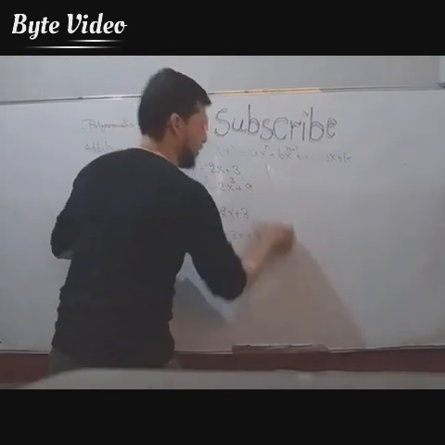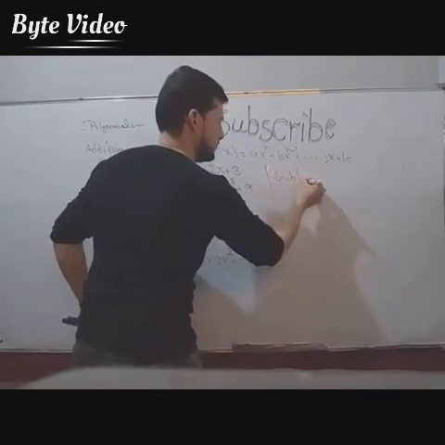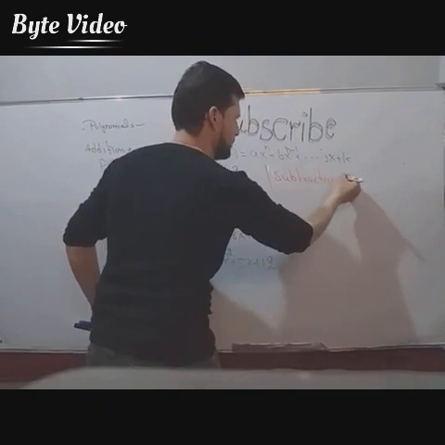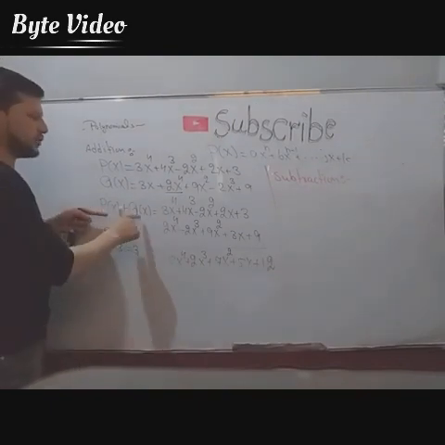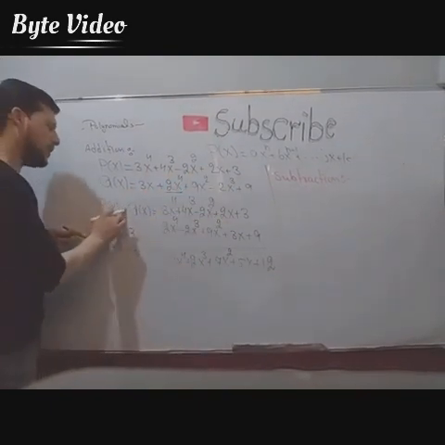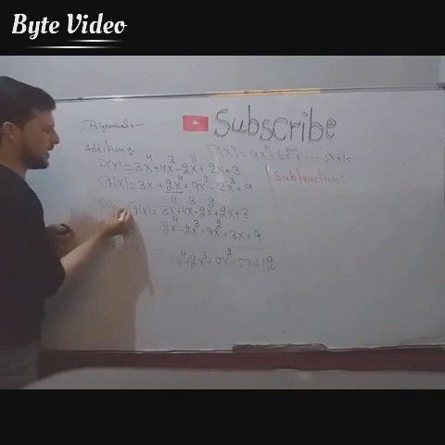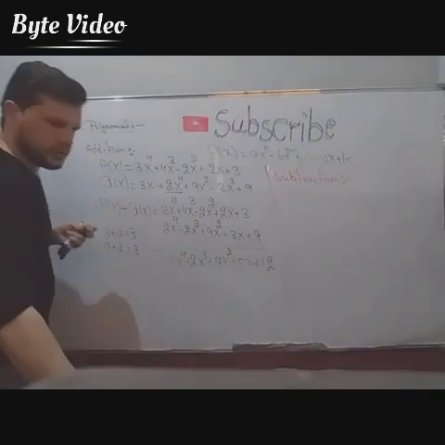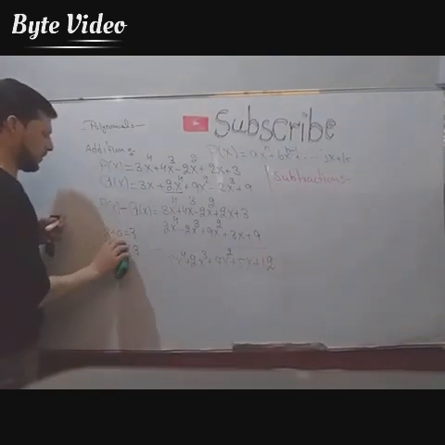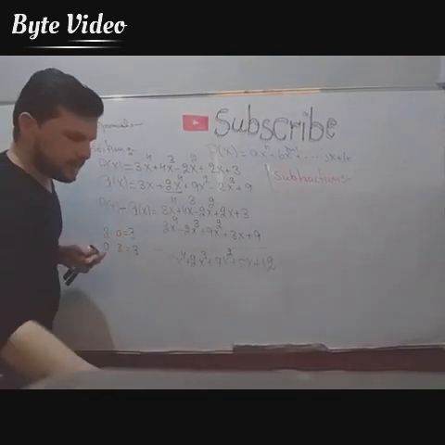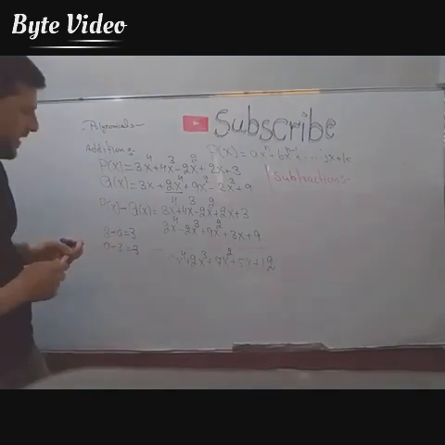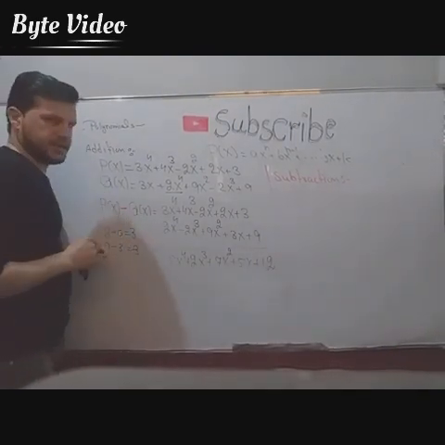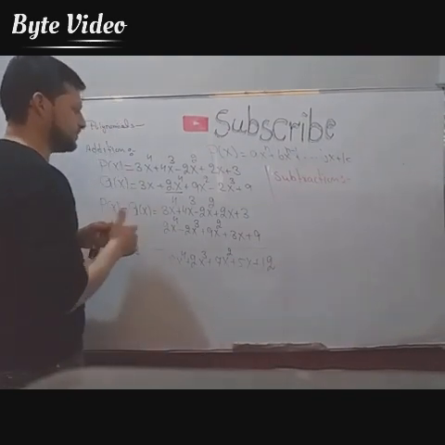For subtraction, you have to remember, if you have two polynomials px and qx, px plus qx, you know about it. Now I am going to change the sign to negative. You have to change the sign here because 0 minus 3 is equal to negative 3. So 0 is not the identity element in subtraction.